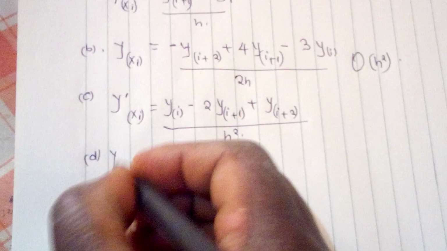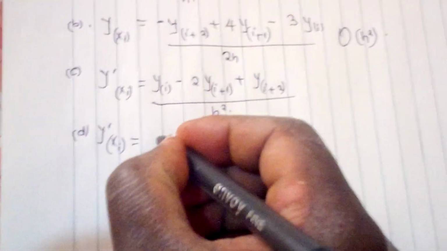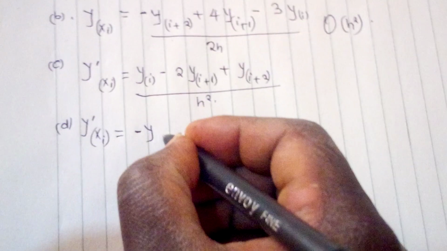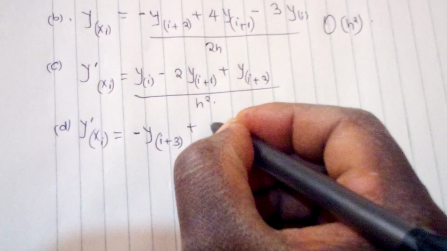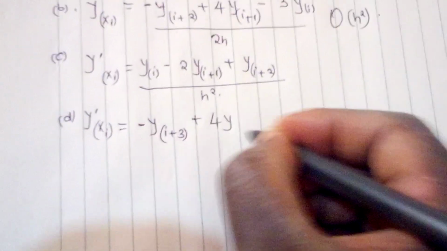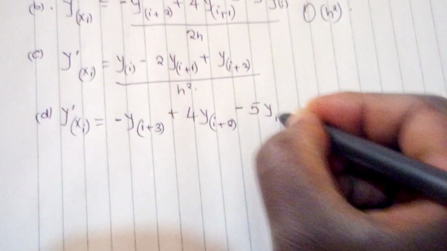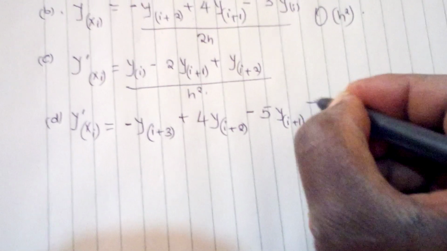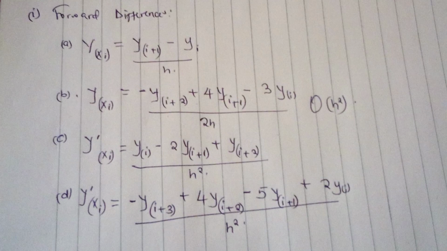We have y double prime xi is equals to negative y i plus 3 plus 4 y i plus 2, then you have minus 5 y i plus 1 plus 2 y i. Then you divide by h squared. That is for forward difference.